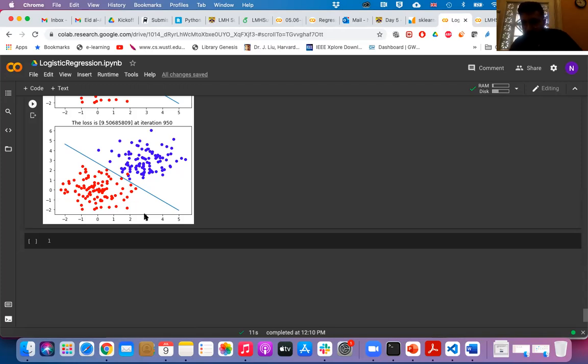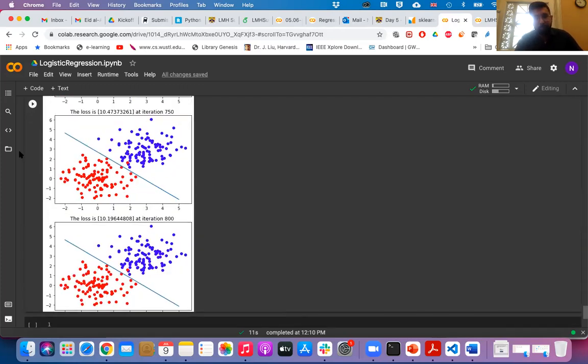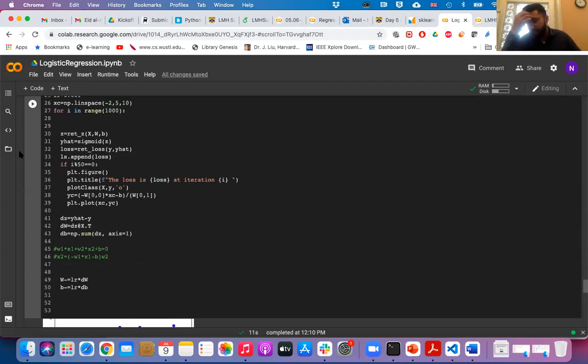In a real situation, you would always use sklearn, though not necessarily. I'm not using sklearn here, but of course, sklearn gives you a lot of flexibility. So you should use sklearn if you have the opportunity rather than coding it yourself. The whole idea of coding it is so that you understand that there isn't any magic under the hood. It's very simple algorithms, simple calculus and linear algebra.